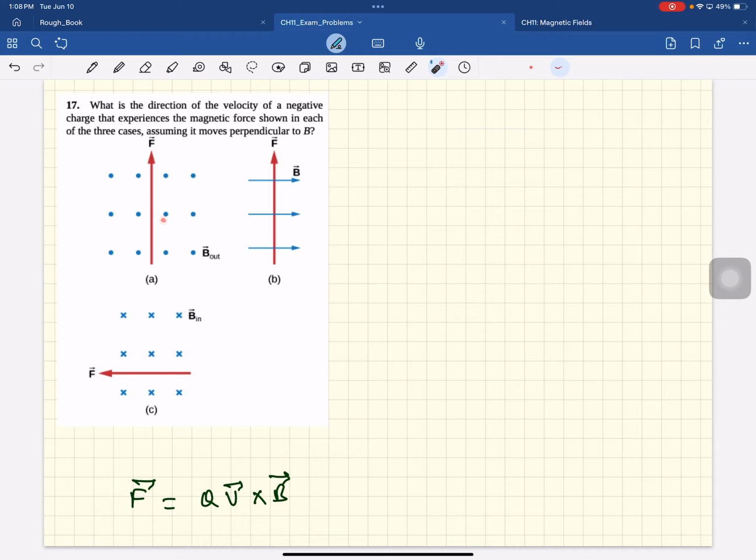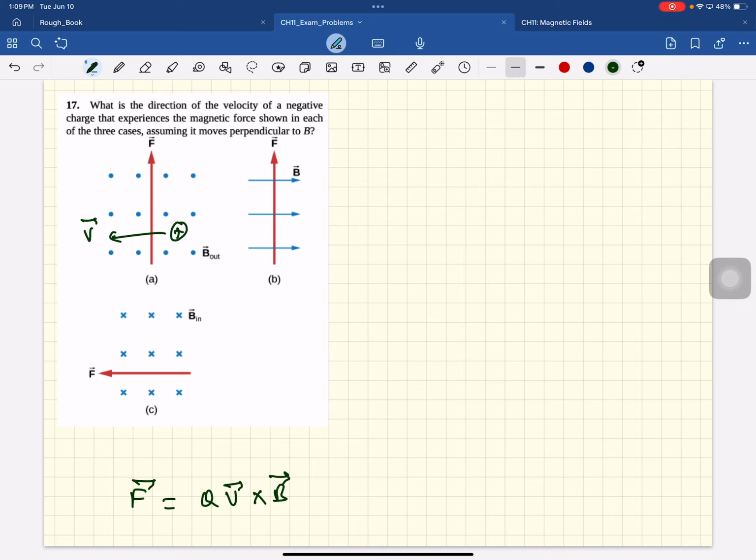All right, so here's the force. You want a force in this direction. The magnetic field is coming out. So you can see that if you have a positive charge moving in this direction, V cross B, V is in this direction, field is coming out, you want the positive charge moving in that direction.